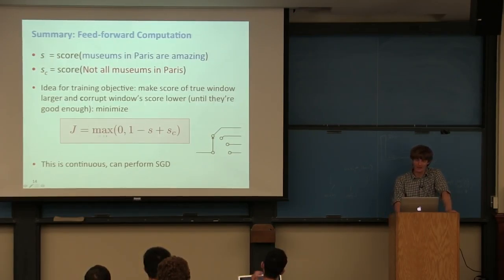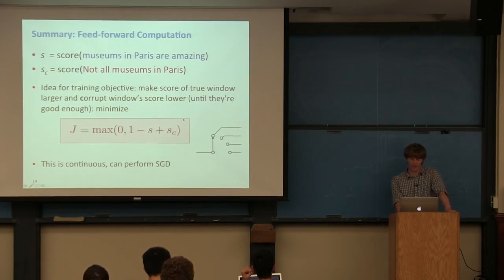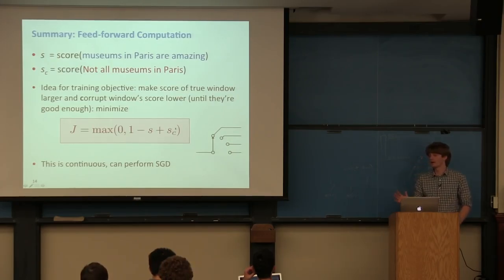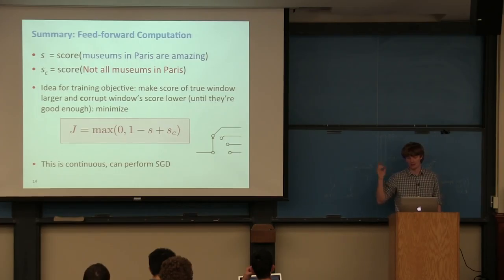So we take the maximum of 0 or 1 minus the score of the correct window plus the score of the corrupted window. And if we minimize this overall objective function, what will happen? Well, either we can already distinguish very well whether a window has at its center location a named entity.